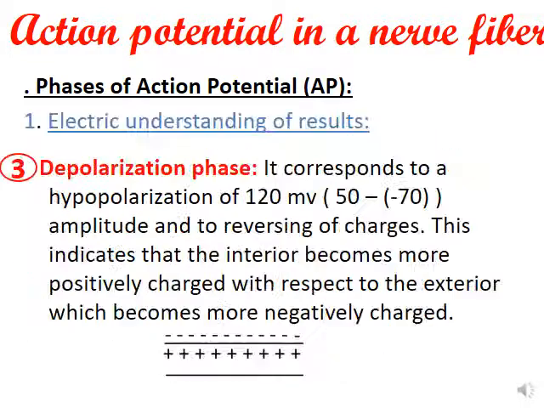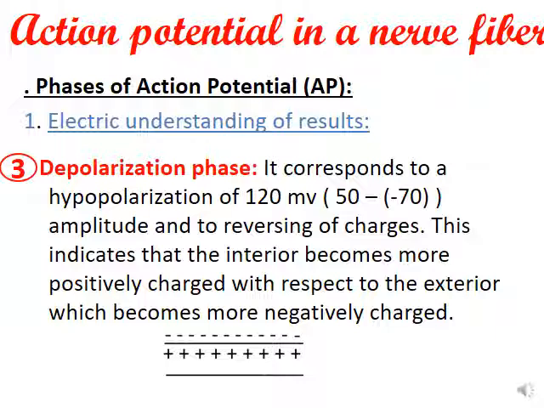Let's now talk about the phases of the action potential at the level of the electric understanding. So depolarization. As we said, in depolarization we're going to move to the positive. It corresponds to the hypopolarization. Hypo is less, polarization is negativity, as we said before. So hypopolarization is a decrease in the negativity.